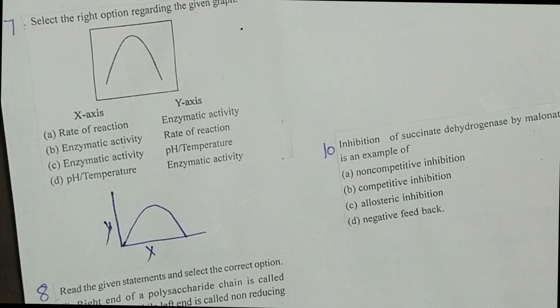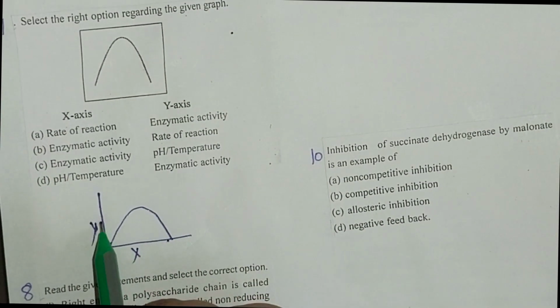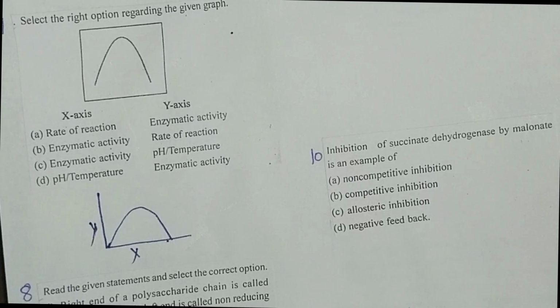Next is enzymatic activity on the y-axis and pH or temperature on the x-axis. Enzymes are tertiary structures of protein. If we increase the temperature, the hydrogen bonds will break down, which will cause denaturation of the protein.